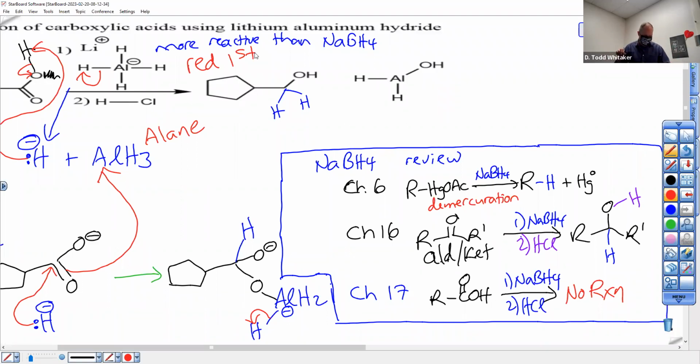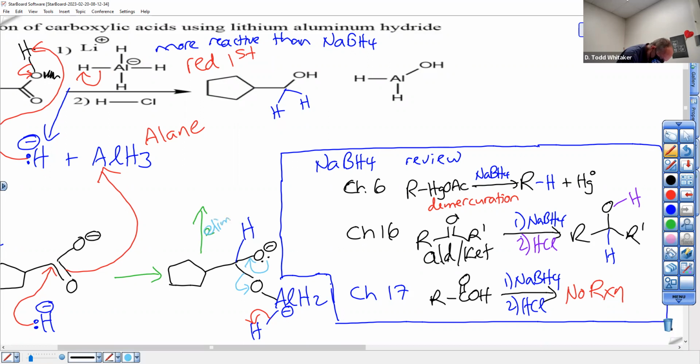I have an O minus that can leave, and I have a lone pair here, and I'll do it in another color because this is second. That's just elimination, by the way. Do you remember what elimination makes? I should do it in blue. Pi. That's exactly right.